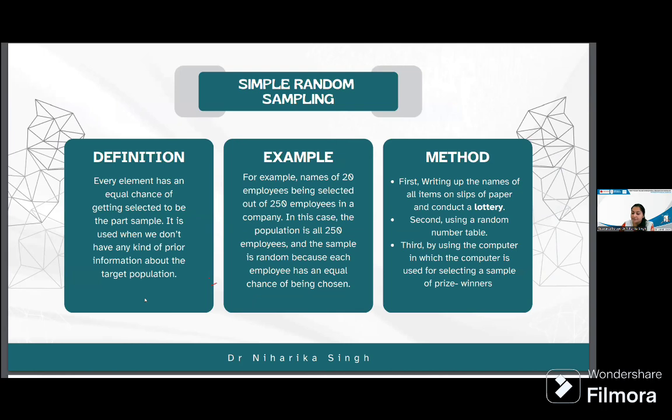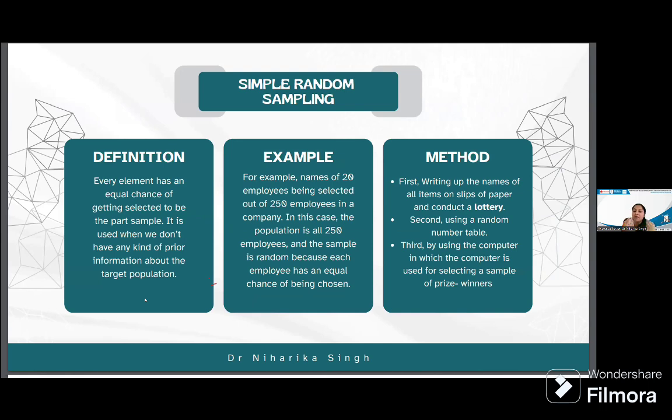So here, let us say that I want to conduct a study. One prerequisite for conducting simple random sampling is that I have no clue about the population that I'm going to conduct my study on.